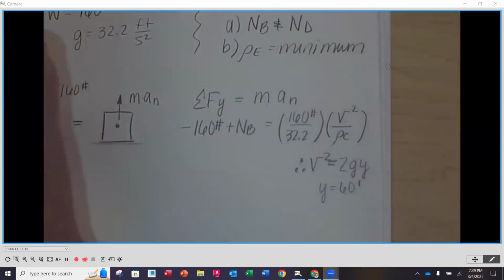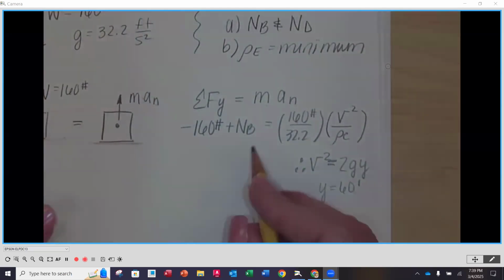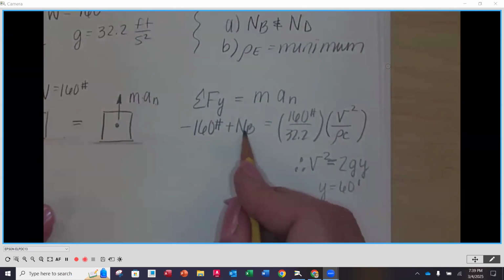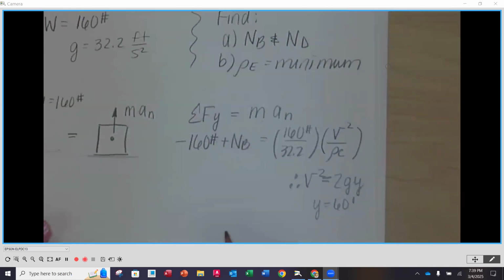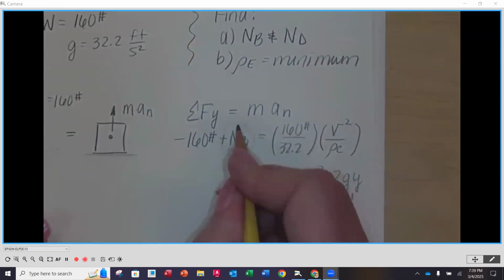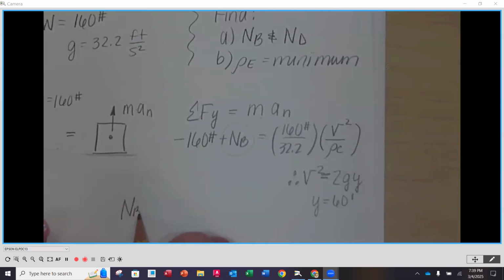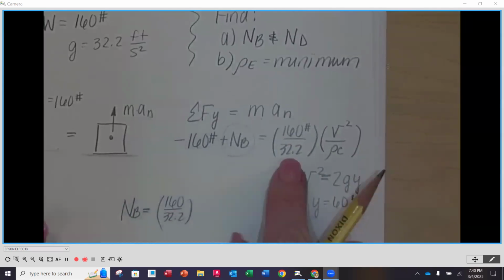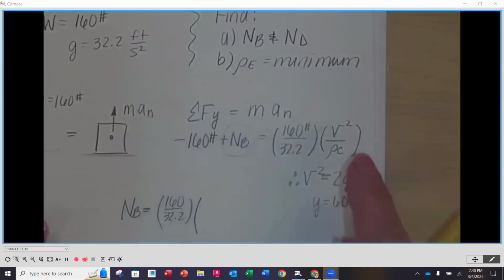So let's add a couple things here. We can solve for NB, because that's what we're trying to find for our problem. So I'm going to pull out NB. It's going to be equal to, I'm going to move my 160 to the other side, so I'm going to end up having 160 divided by 32.2 times V squared.